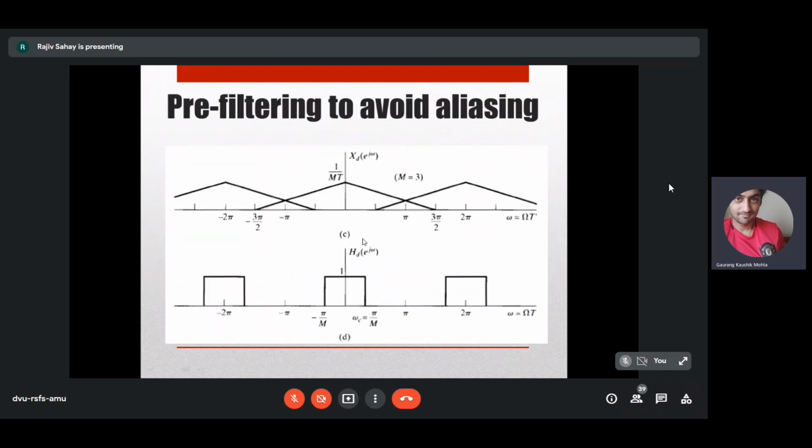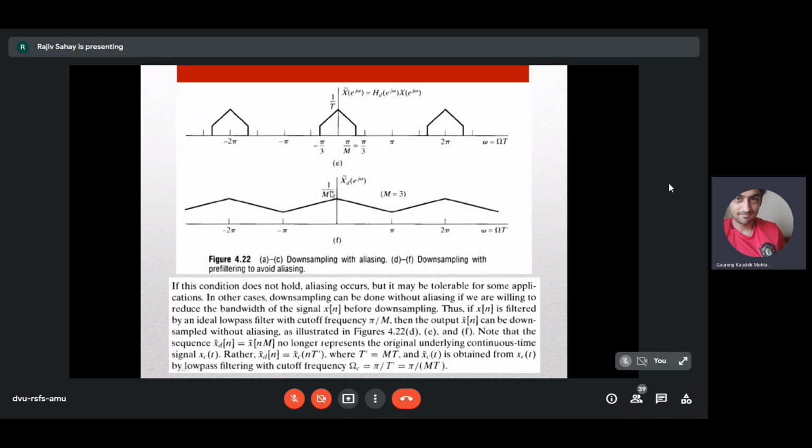So you are going to apply this pre-filter, which is Hd e to the power j omega, magnitude 1, cutoff pi by 3, that is pi by M. When you apply this pre-filter, you get X tilde e to the power j omega, which is equal to Hd e to the power j omega into X e to the power j omega. Now the frequency components beyond pi by 3 are cut out. So when you downsample x tilde of n by a factor of 3, X tilde e to the power j omega will go up to pi.